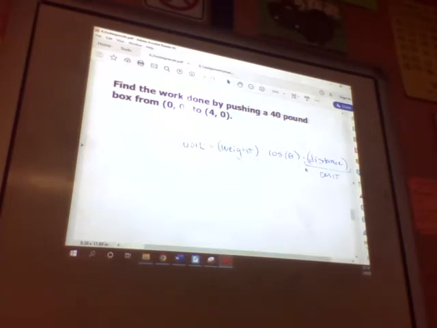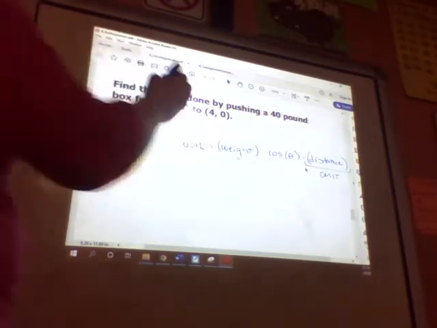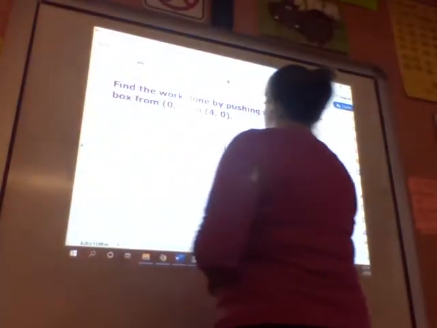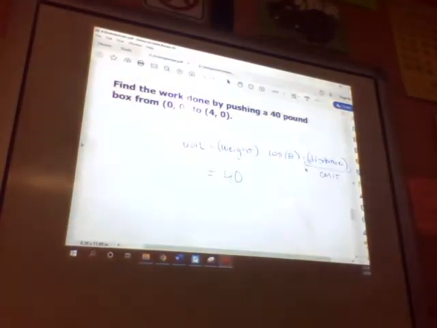Okay, so moving on. We're going to find the work done by pushing a 40-pound box from point 0,0 to 4,0. Imagine 4 feet, I guess, because you go 4 across and now you're at 4 units away. So the work again is going to be your weight, which in this case is 40, of the box that you're pushing. Again, there's gravity and what if it's on ice or not, but we're not going there.